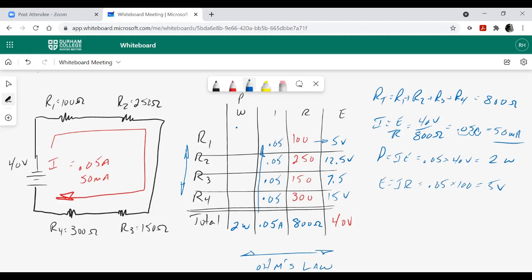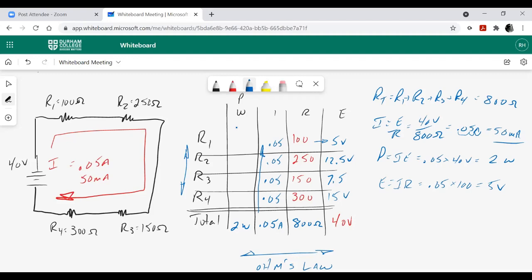So yes, it does. My final check is, do all these voltages add up to equal 40? So 12.5 and 7.5 give me 19, 20, 25, 40. So it does exactly 40 volts. Okay, that's my double check. I know that I'm right because I just closed the loop on it.